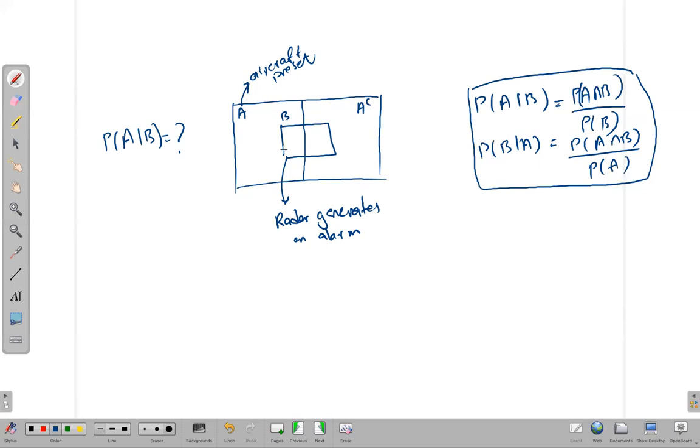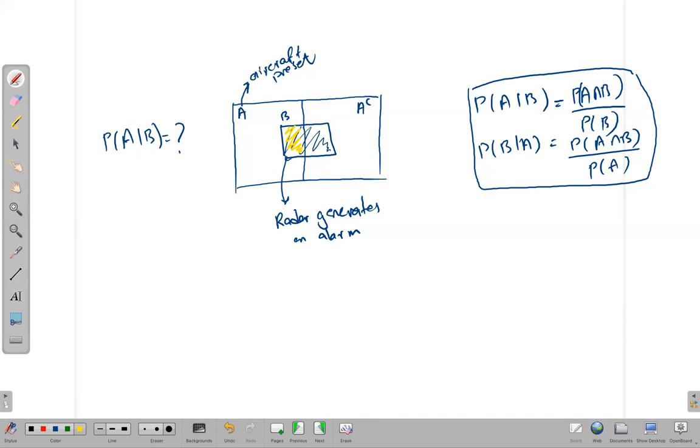Let's draw what we are asked. The first one, B is given, so I'm going to look at this part. I know the sample points will be from this region, and given that part, the probability of A. In this case, I need to calculate this part. What is this part?